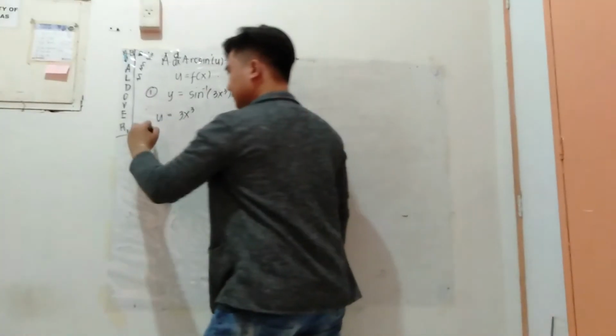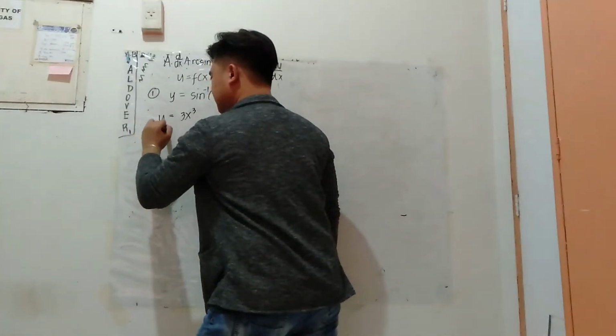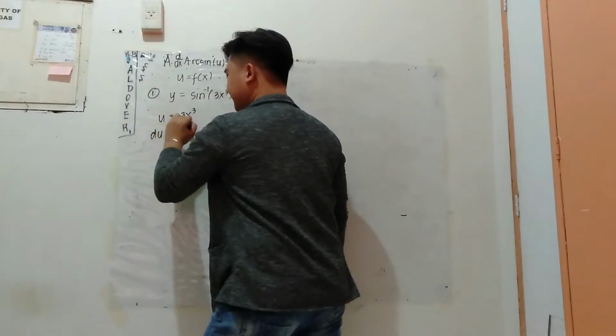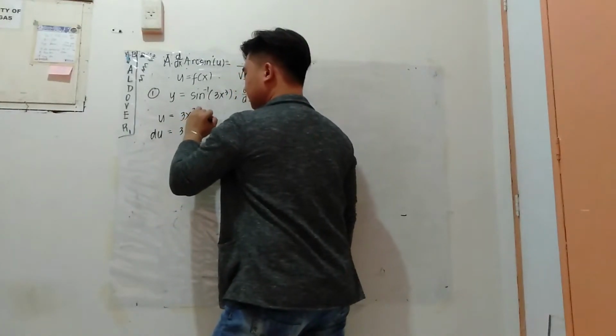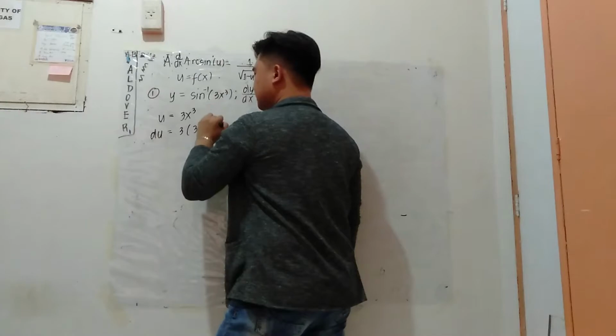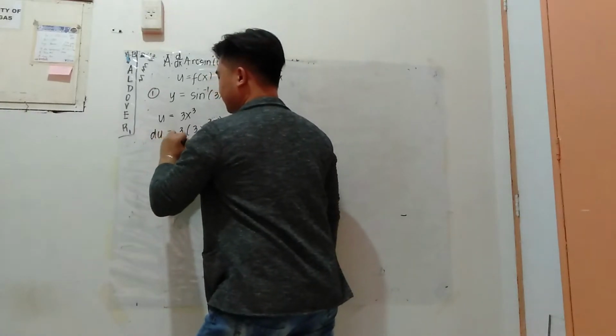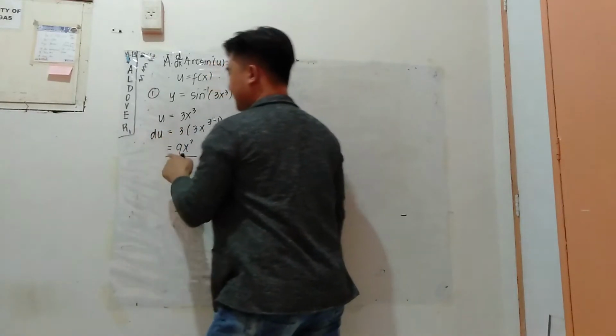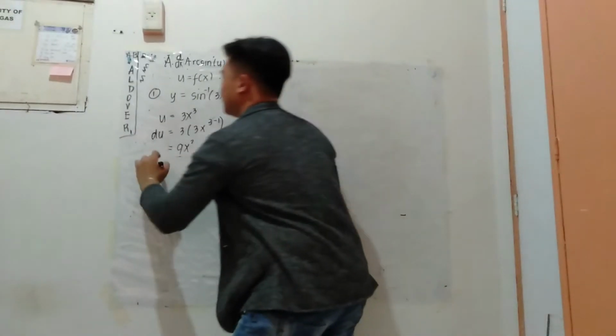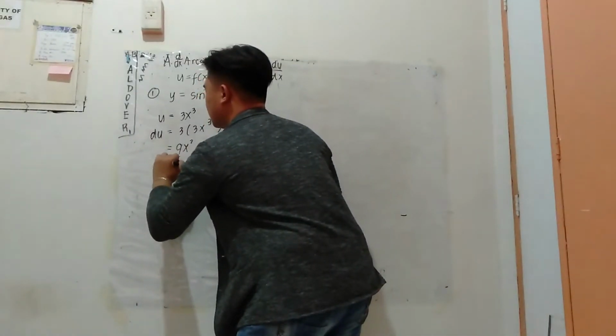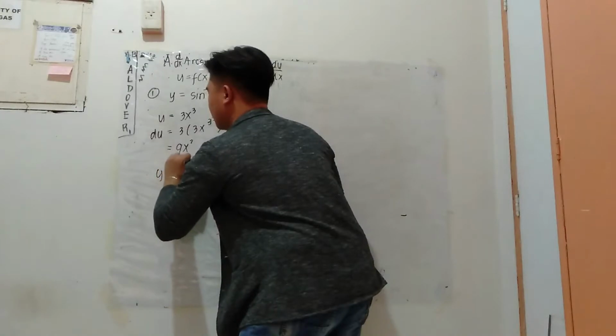Okay? du is equals to, bababa si 3, dahil bumaba, bawasan mo ng isa, du is 9x squared. So, y is equals to arcsine of u.